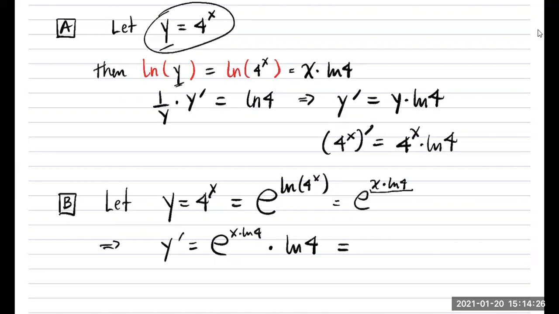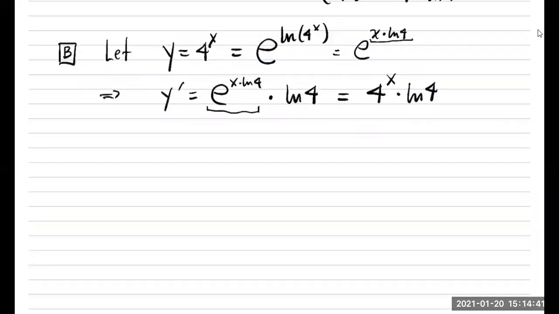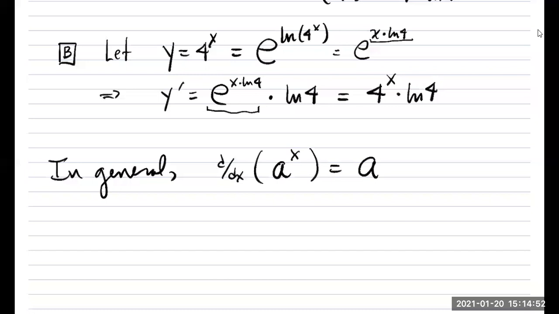And of course, if we work backwards, if you like, we know that this expression right here is just simply 4 to the x. Okay, so two different ways of doing the problem. So I want to generalize. Let's say in general, one time for all time. The derivative of the exponential function a to the x is itself times the natural logarithm of its base.